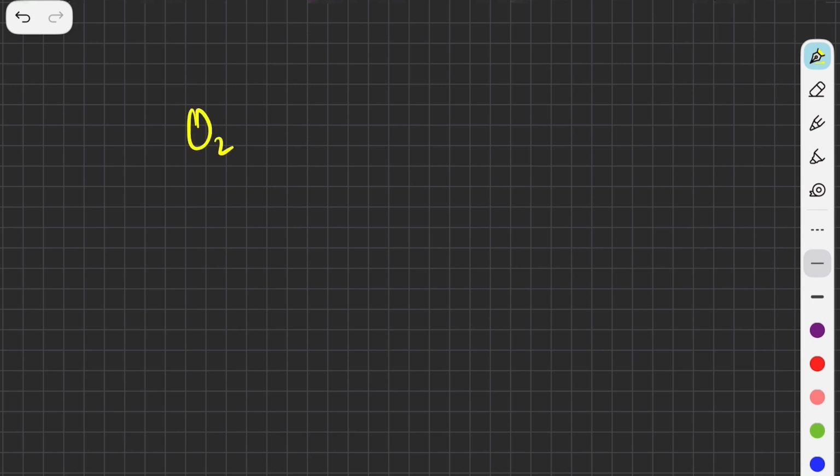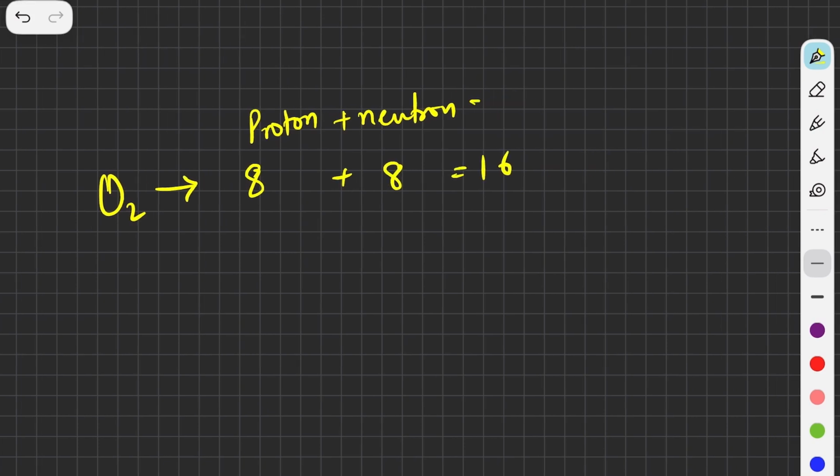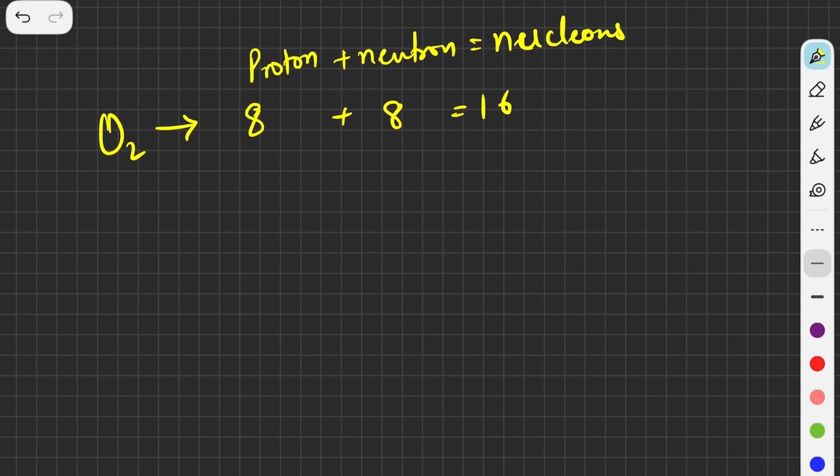Okay, oxygen. Now I'll find out where oxygen lies in the periodic table, and it lies at 8. So it has 8 protons inside its nucleus, and it will also have neutrons, and that will also be 8. So there are 16 nucleons. This is called nucleons. So 16 nucleons in all.